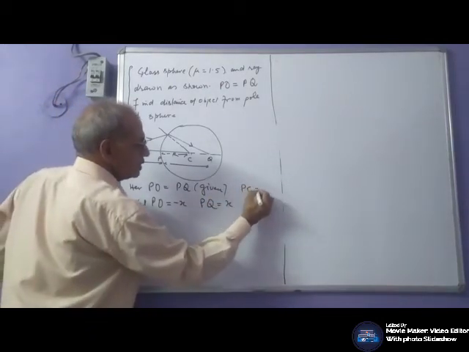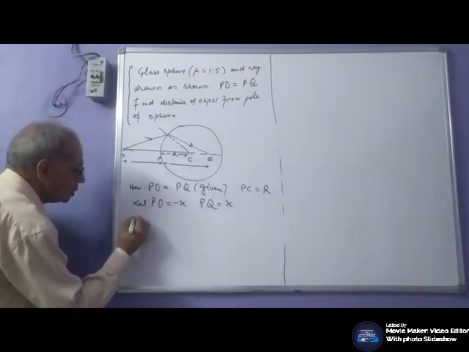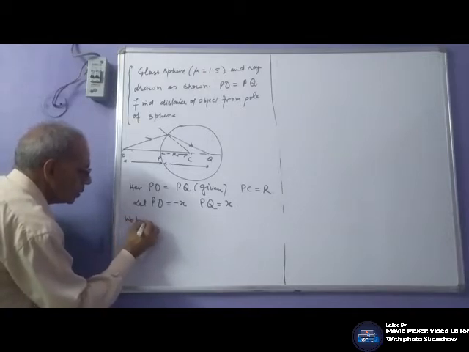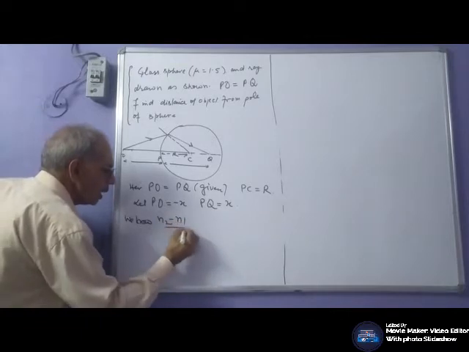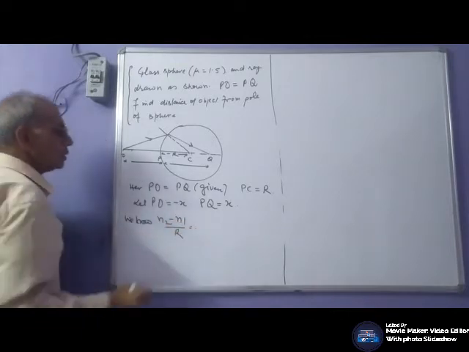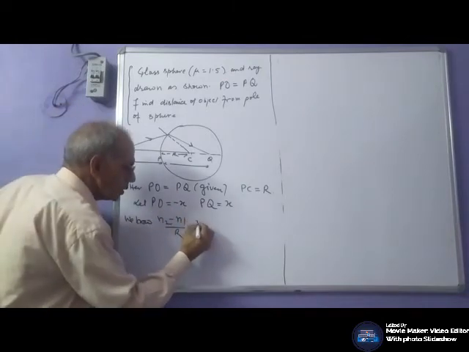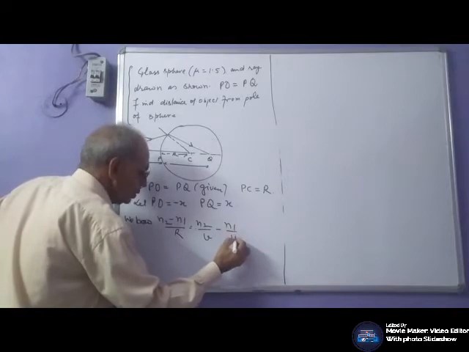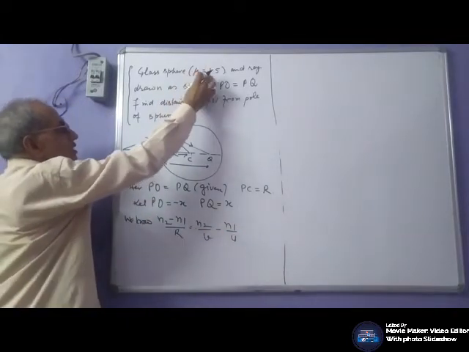And what is PC? It is R. We know N2 minus N1 by R, for rare to denser: N2 by V minus N1 by U, this is N2.